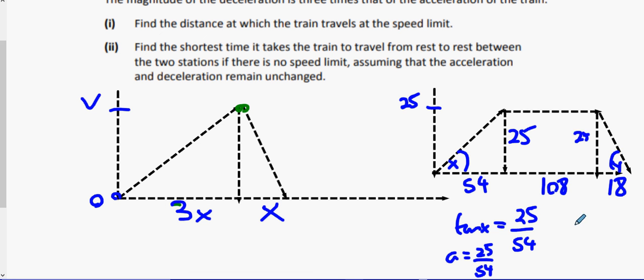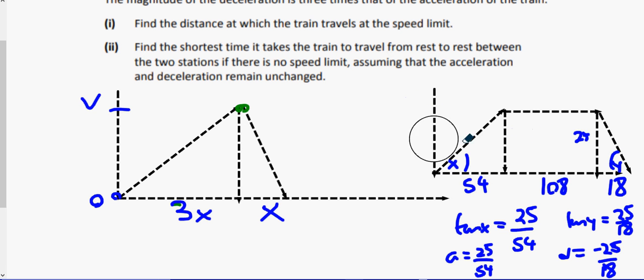So tan y would be 25 over 18, so your deceleration is minus 25 over 18. So what we have there is the acceleration and deceleration.